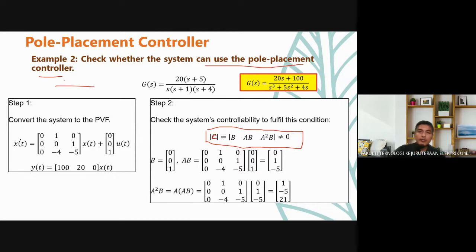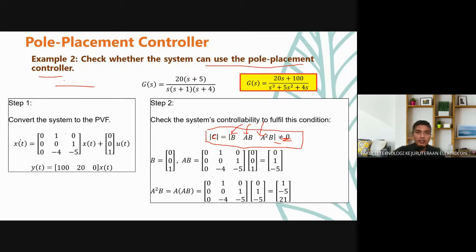So you need to find the determinant of the C matrix. The C matrix is a combination of B, AB, A squared B. This is the thing you must remember. If this determinant is not equal to 0, then the system is controllable. Okay, example.